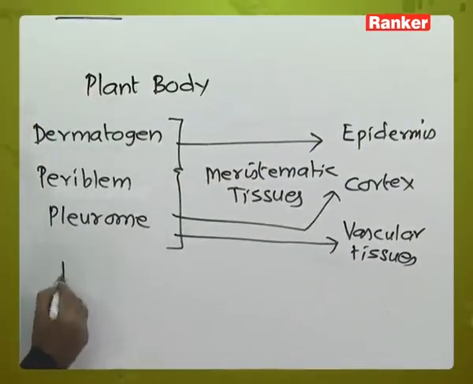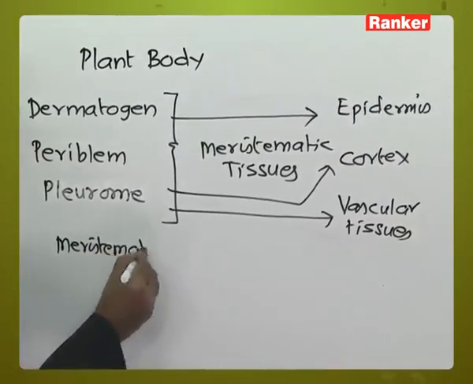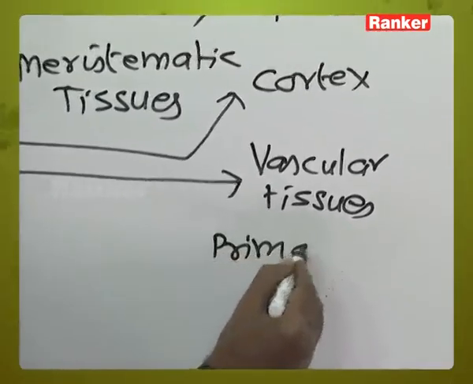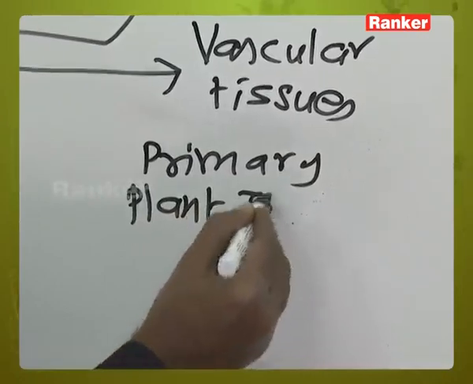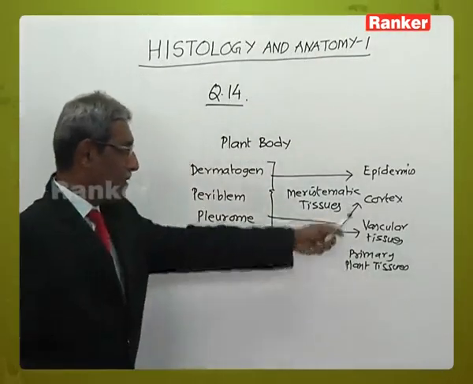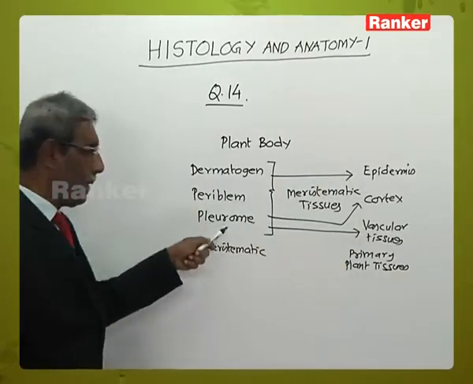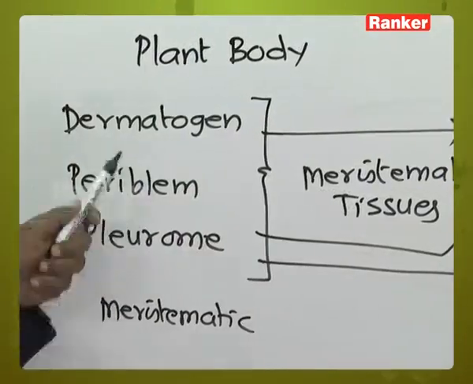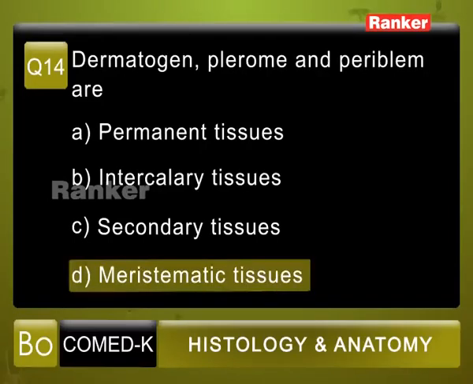So these are the meristematic tissues, and these are the primary plant tissues. So the first formed plant tissues like the epidermis, cortex and the vascular tissues are derived from the dermatogen, periblem and the plerome. So when you take all of these three together, they are termed as meristematic tissues, and the answer is D.